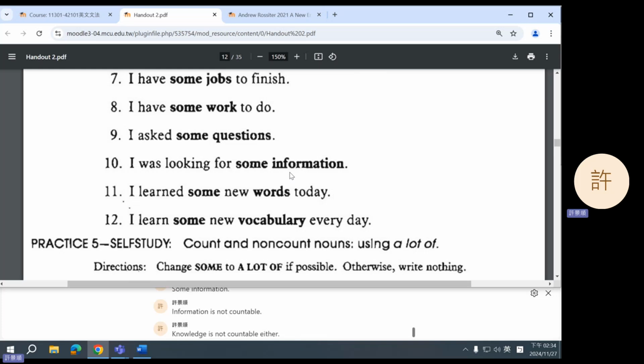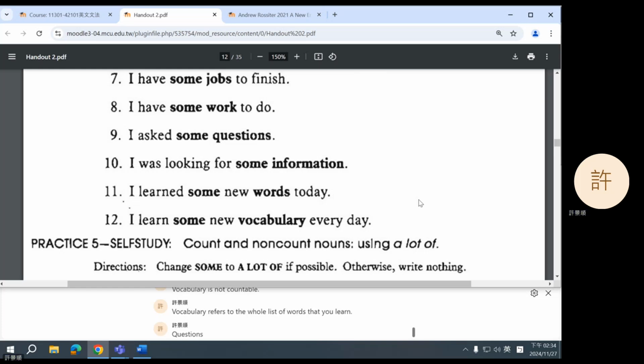So how do we count information and knowledge? Say a piece of information, a piece of knowledge, and you can count the word piece. I learned two new words. Words is countable. Vocabulary is not countable. Vocabulary refers to the whole list of words that you learn.